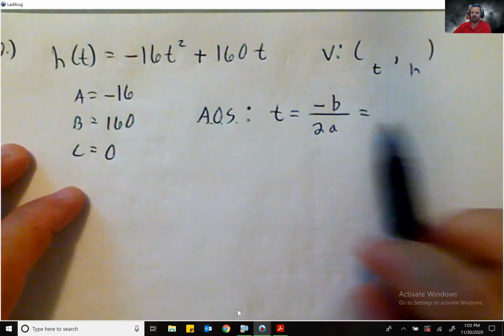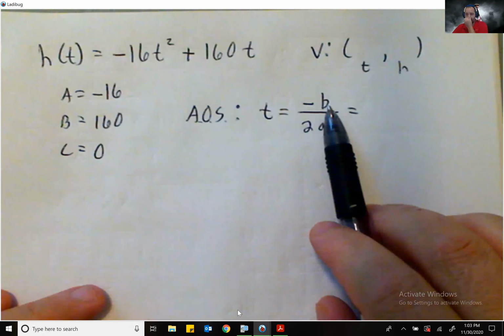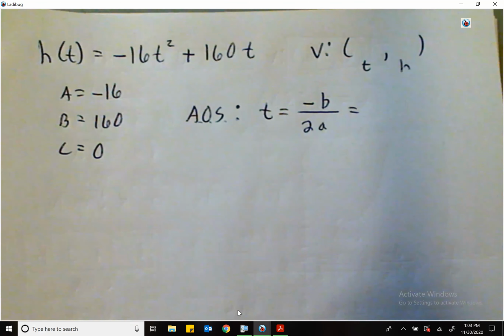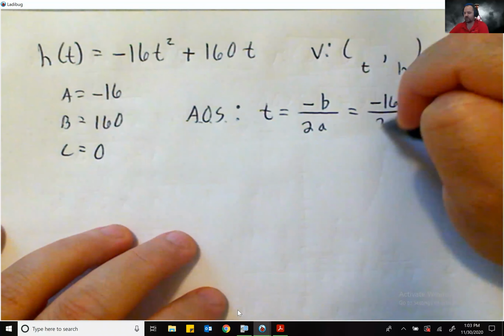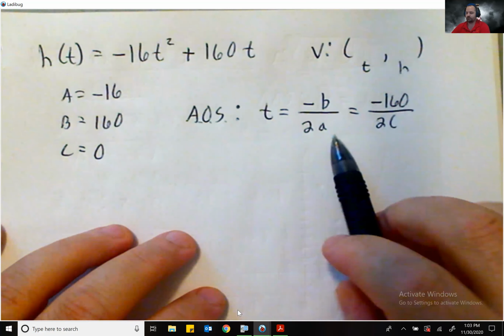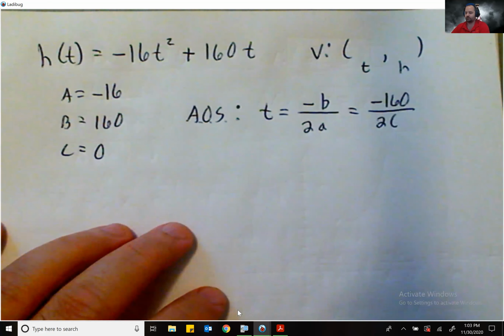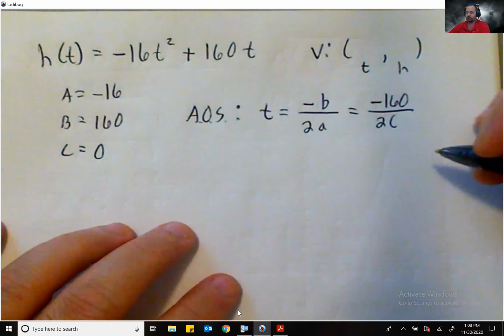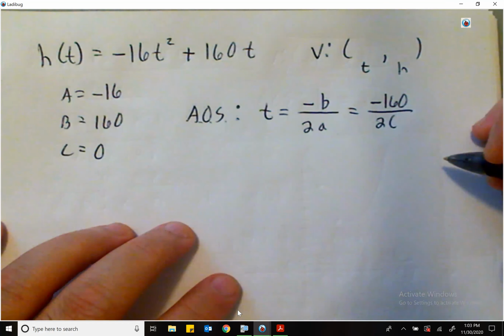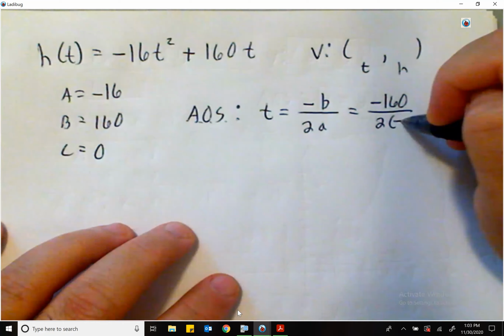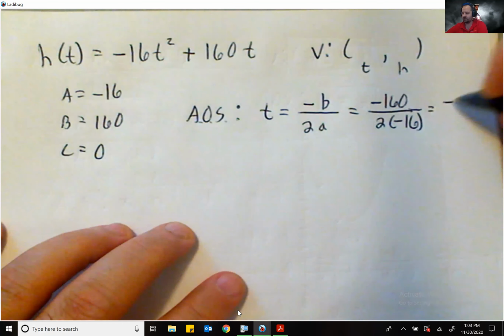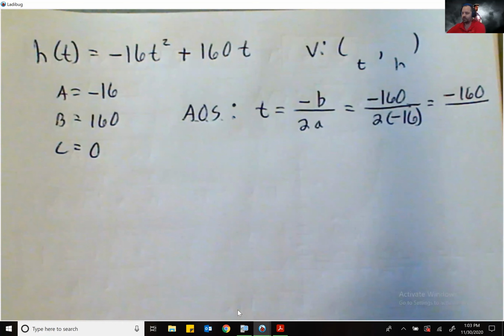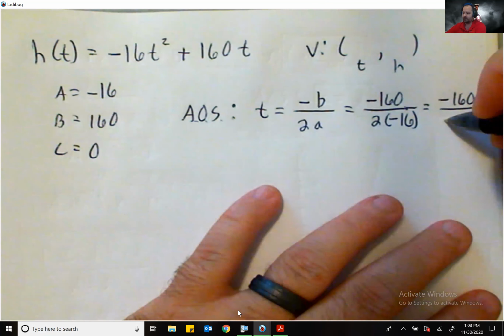which is still the opposite of b over 2a. So what's the opposite of our b? Negative 160, all over 2 times, what's our a value? Negative 16. Okay. So that gives us negative 160 all over negative 32.